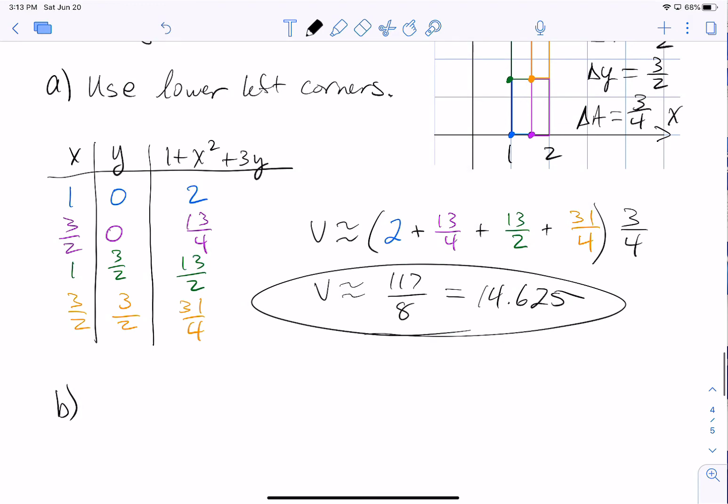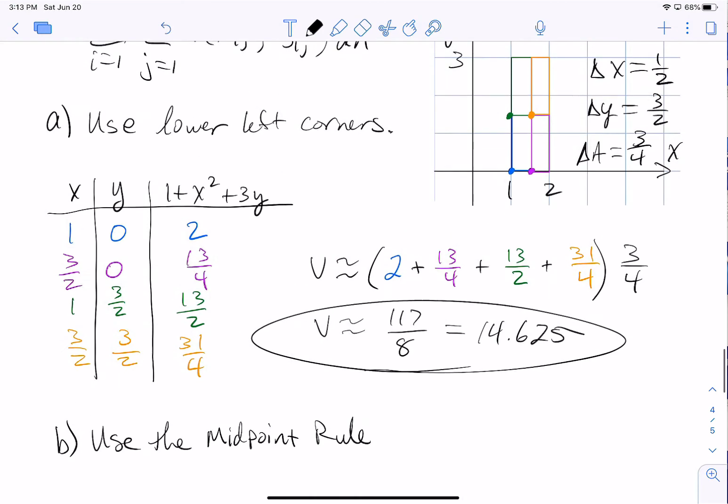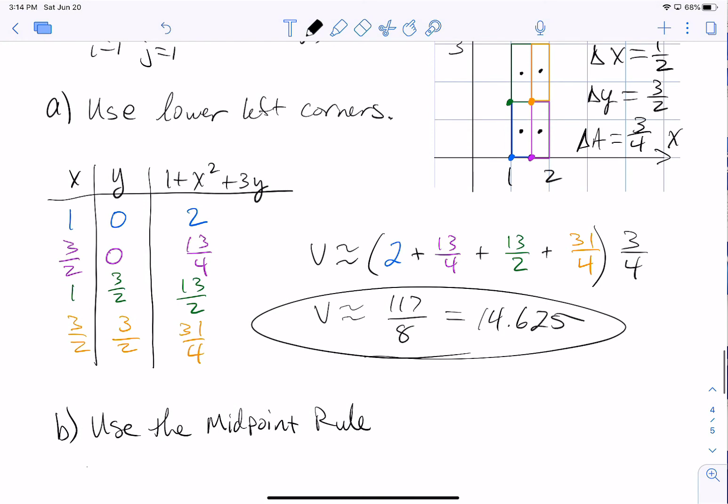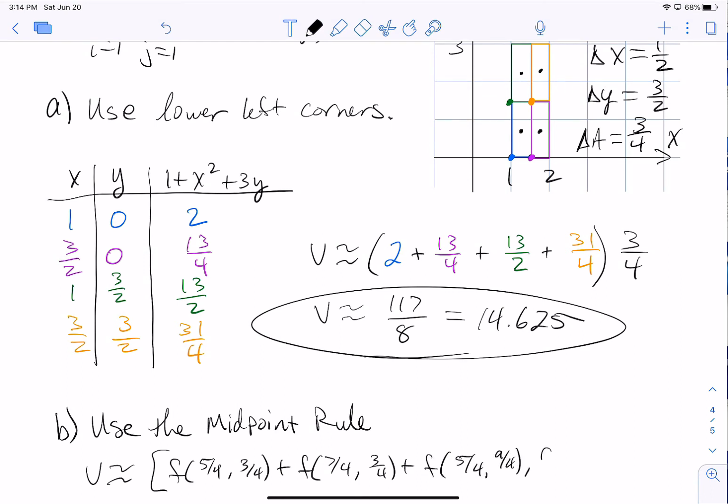Part B asks us to use the midpoint rule, and that's exactly what it sounds like. We're going to use the point that's in the center of each of our subrectangles. For this one, we would say that the volume is approximated by the quantity f(5/4, 3/4) plus f(7/4, 3/4) plus f(5/4, 9/4) plus f(7/4, 9/4), all multiplied by 3/4, because delta x hasn't changed and delta y hasn't changed.